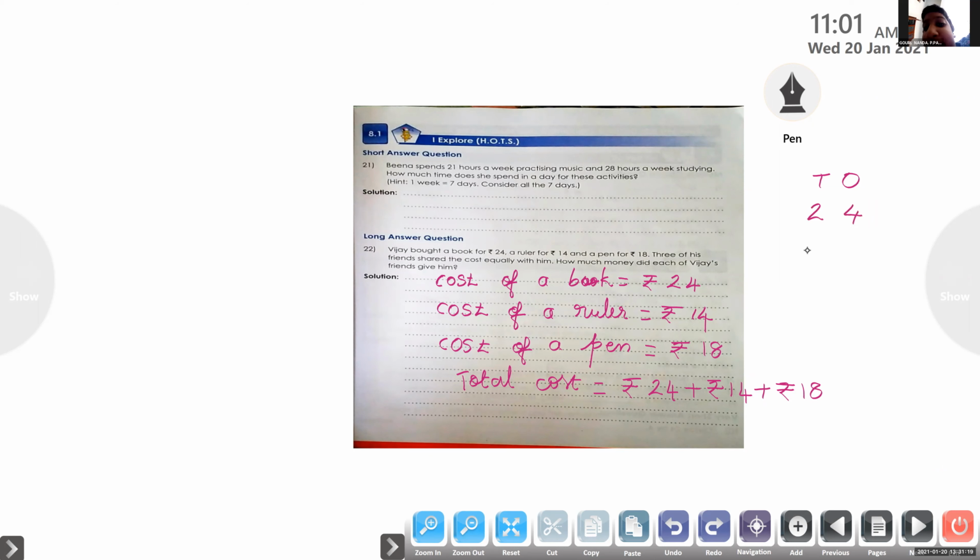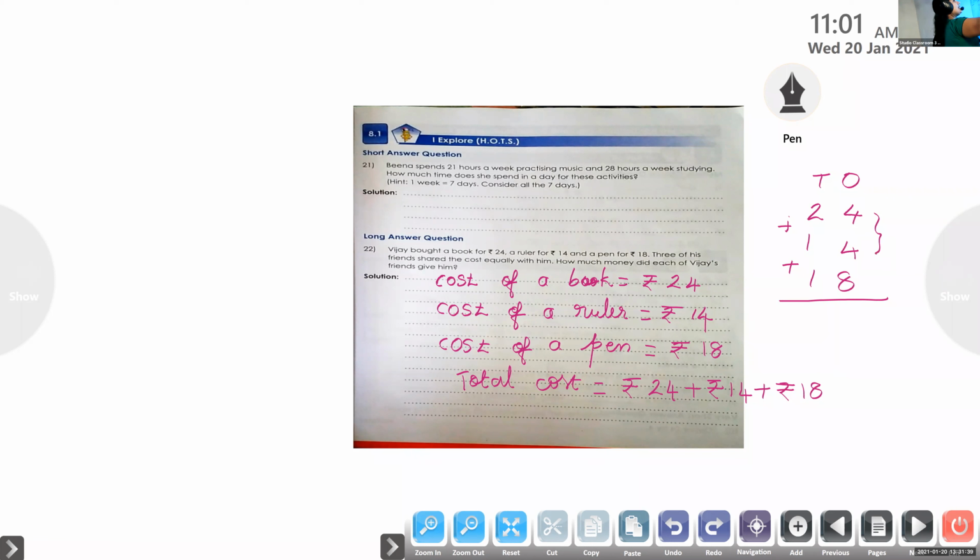24, 14, 80. Here 4 plus 4, 8. 8 plus 8, what will you get? 16.